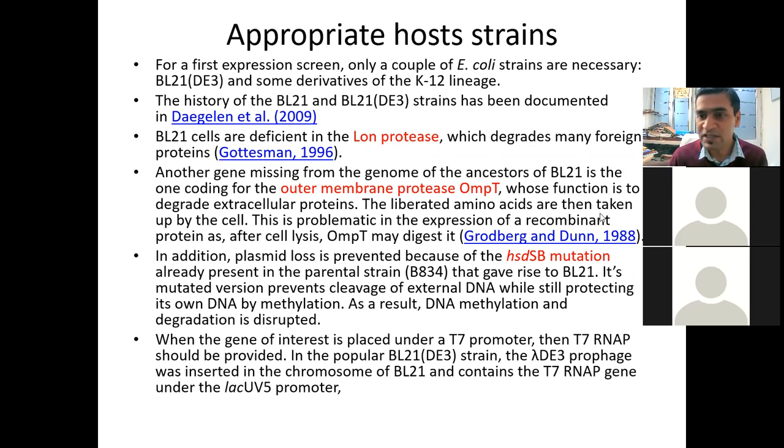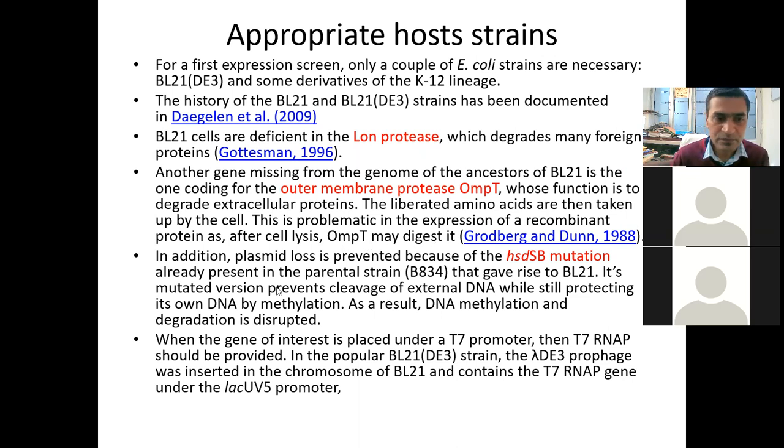The liberated amino acids are then taken up by the cell. So this is a natural system in all the E. coli. Those E. coli are selected and mutated in such a way that these proteases are missing from those host cells and they can be utilized for expression of our gene. This is problematic in the expression of recombinant protein, as after cell lysis OmpT may digest our protein.